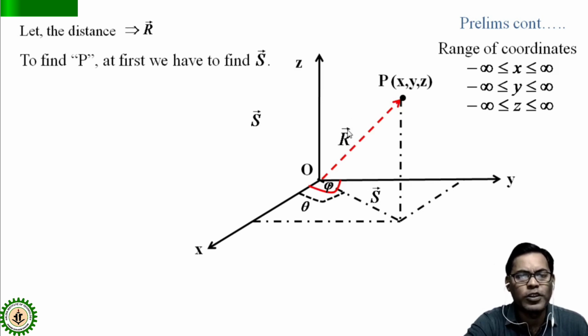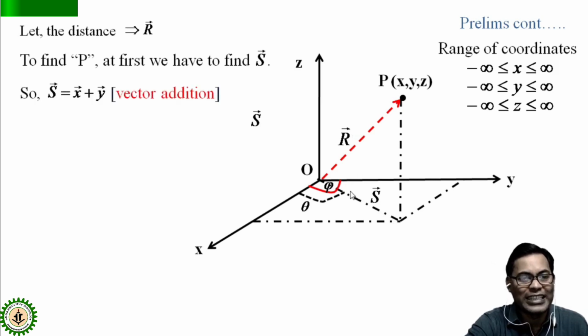To find r, first we need to find the vector s. We can find the vector s easily by vector addition: vector x plus vector y, where vector x is along the x axis direction and vector y is along the y direction from O to this point.